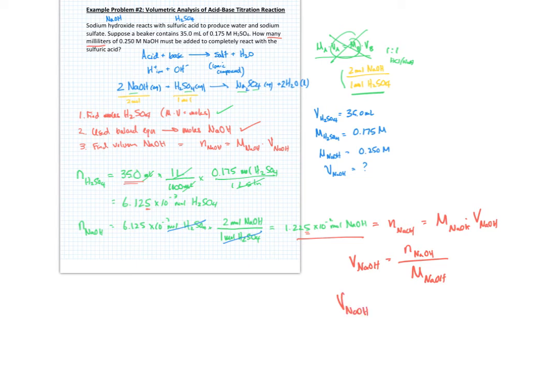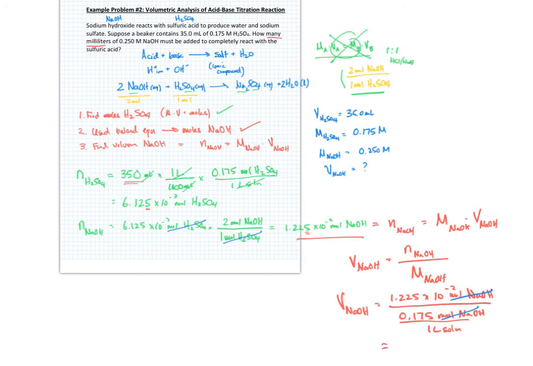I'm just going to plug in 1.225 times 10 to the minus 2 moles NaOH, divided by the molarity, 0.175 moles. I'm going to write the whole unit out for molarity just so you see. Moles NaOH per 1 liter of solution. Okay, and then moles NaOH is going to cancel moles NaOH.